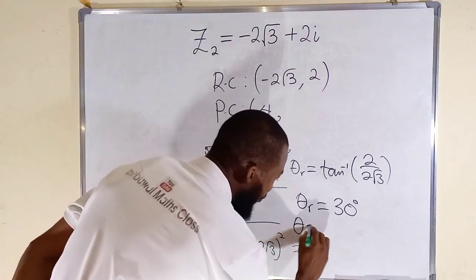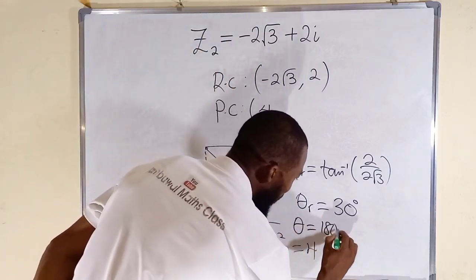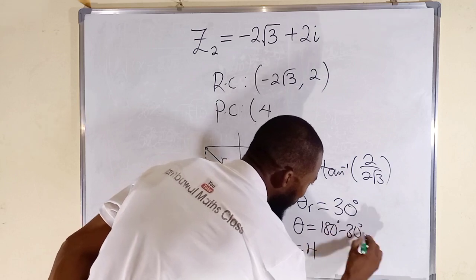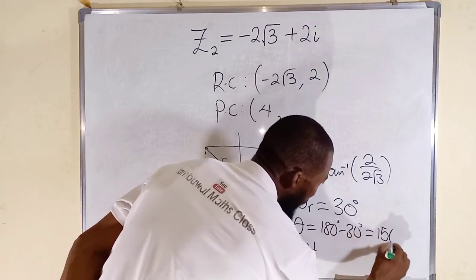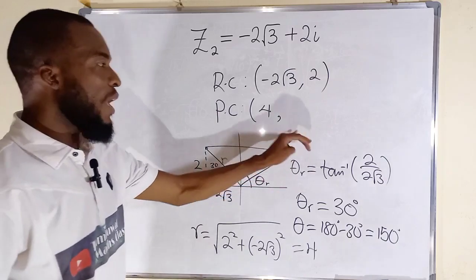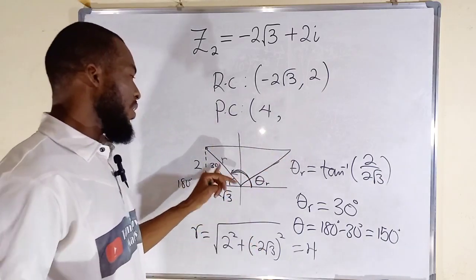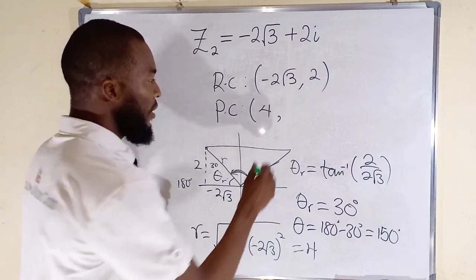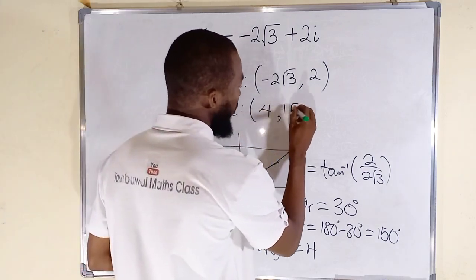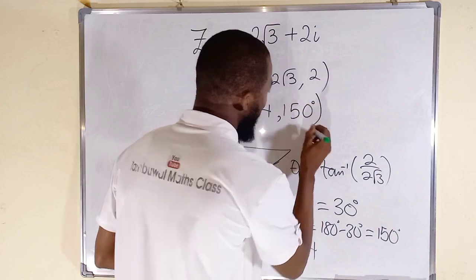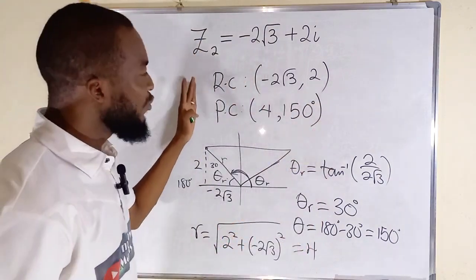Therefore, our main theta, which we are looking for, is 180 minus 30 degrees, which is equal to 150 degrees. Therefore, the angle from the standard position down to this complex number is equal to 150 degrees. So this is all about question number 2.